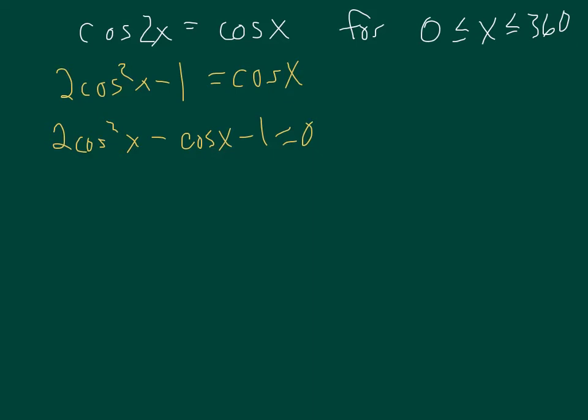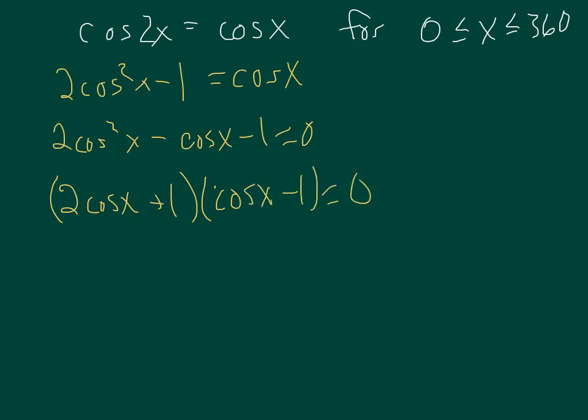This quadratic is factorable. 2 cosine x plus 1 times cosine x minus 1, so 2 cosine x plus 1 equals 0, or cosine x minus 1 equals 0.